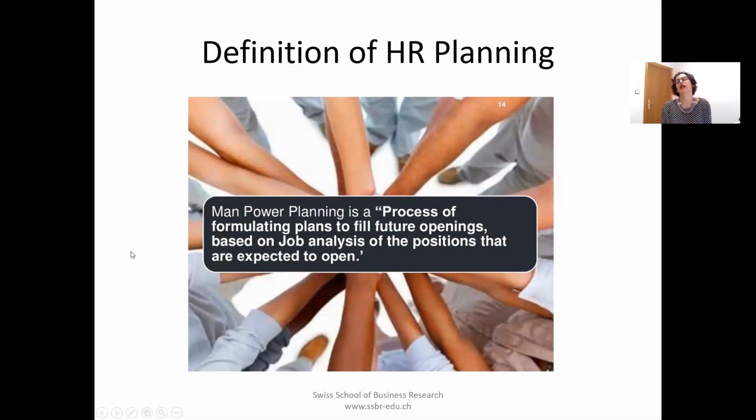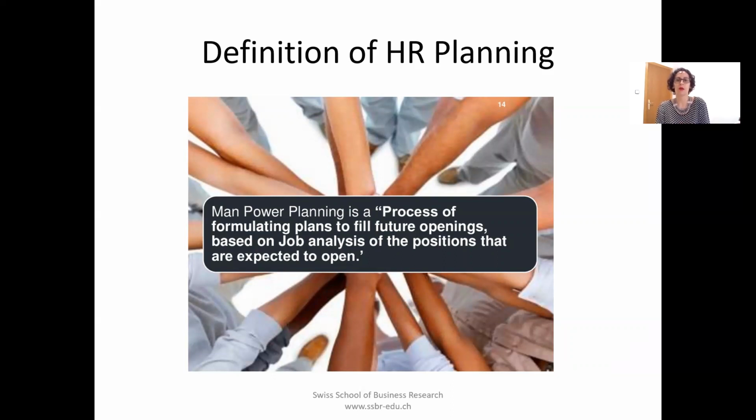Manpower planning is the process in which we formulate plans to fill future openings based on the job analysis of positions that are expected to open. For example, we know, since we are strategic HR managers, that the company plans to expand, and next year we are going to be opening up a division for diversifying our business.